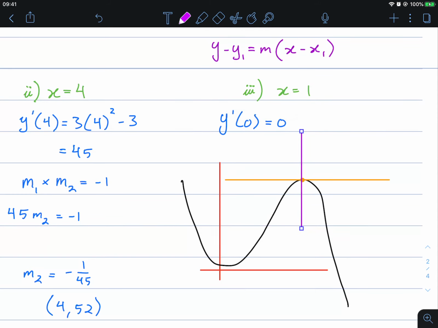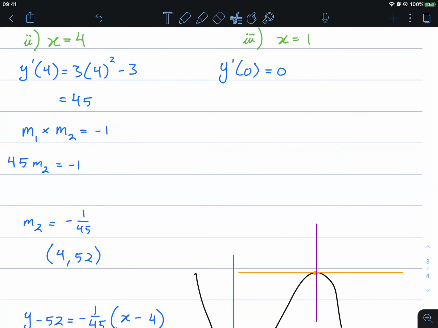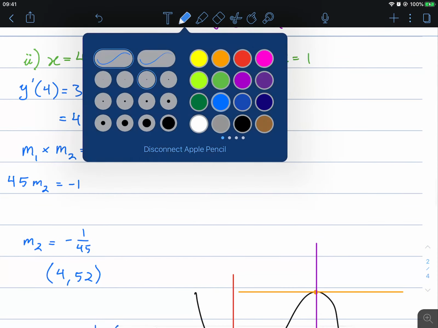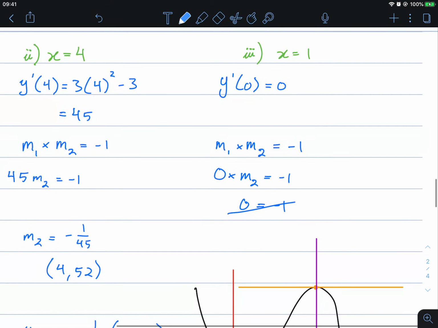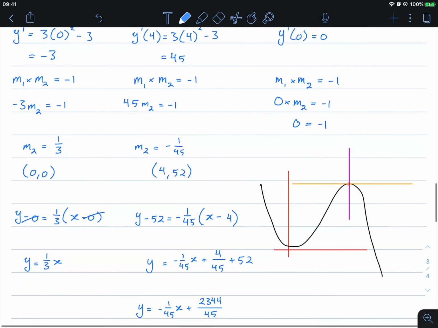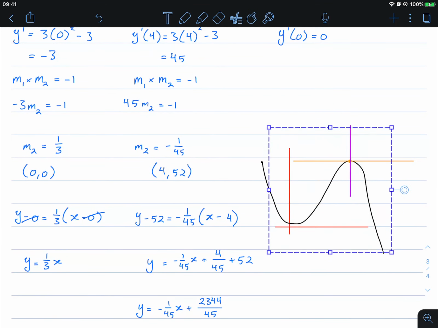If we try and solve this the way we normally would, using the formula, let's take a look at what happens. m1 times m2 equals -1. That's 0 times m2 equals -1. That just becomes 0 equals -1, which is not true. So instead, let's consider what we remember about linear functions.